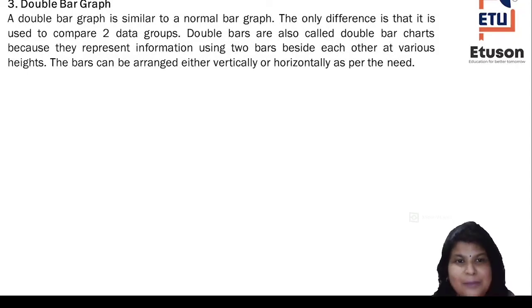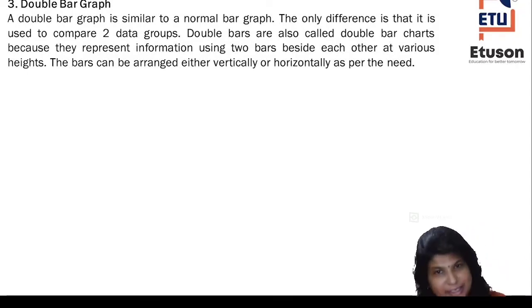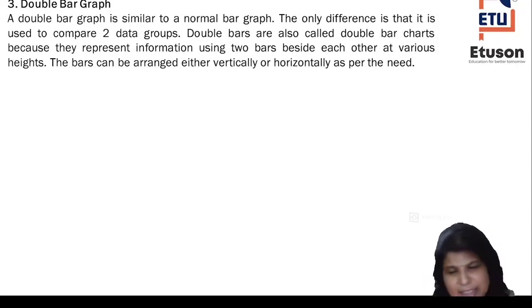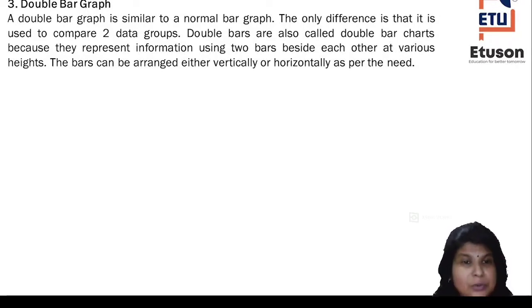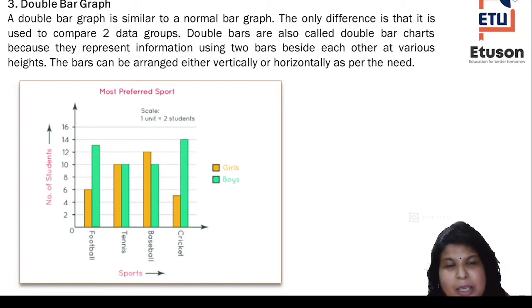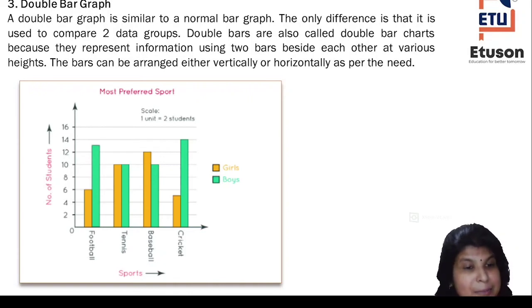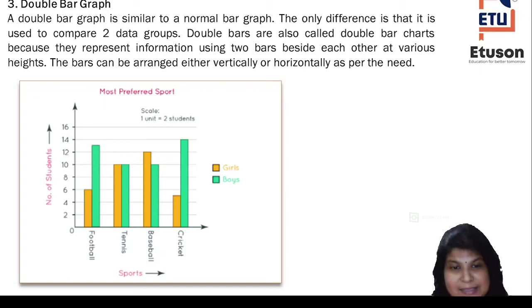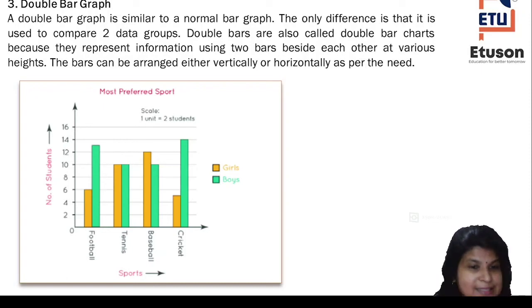The bars can be arranged either vertically or horizontally as per the need. So I have taken one example. Can you tell me what is the observation you can make out from this bar graph? As you can see, it is a double bar graph and it is giving the comparison of the sports liked by boys and girls in a class.